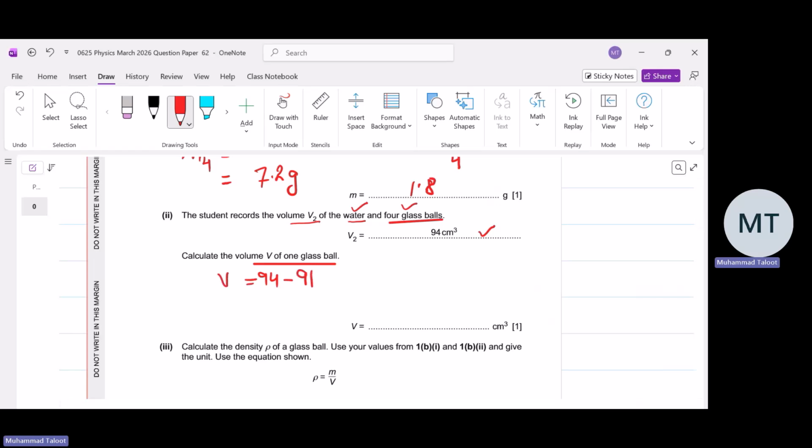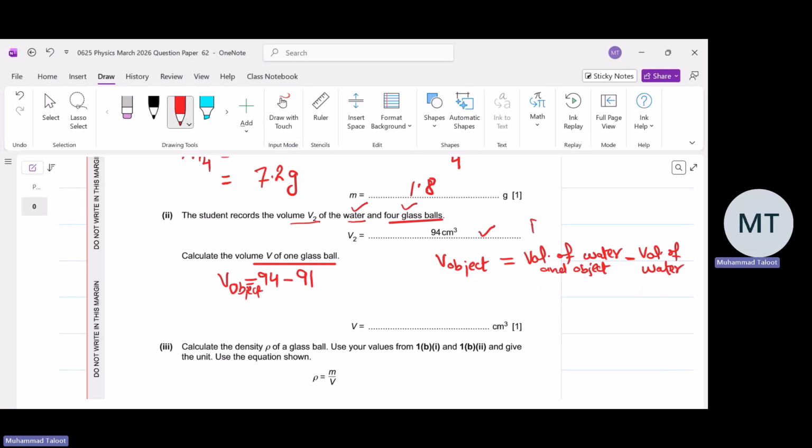So we will be getting the volume of balls. I say volume of object. So the volume of an irregular object is equal to the volume of water and object together minus the volume of water.